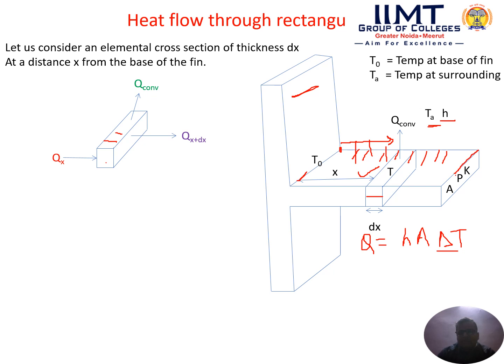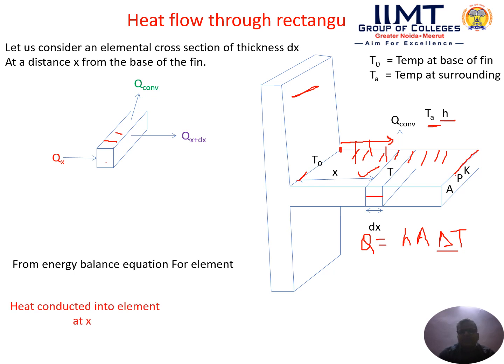If we do the energy balance equation for that elemental area, the total rate of heat in is equal to the rate of heat out. That means qx is equal to qx plus dx plus q convection.